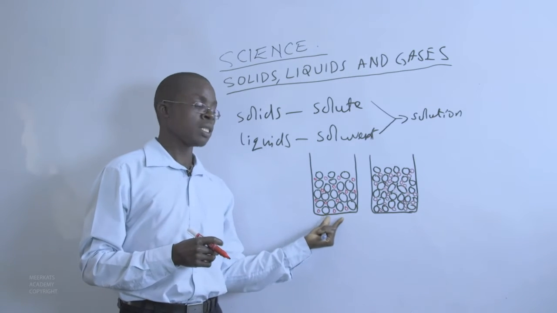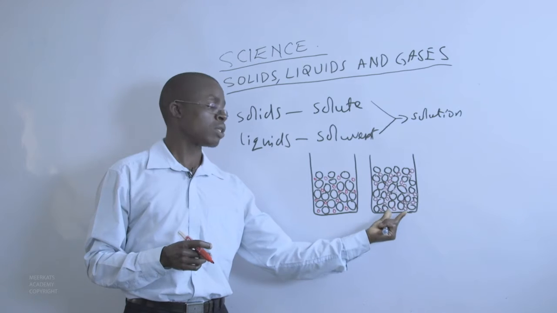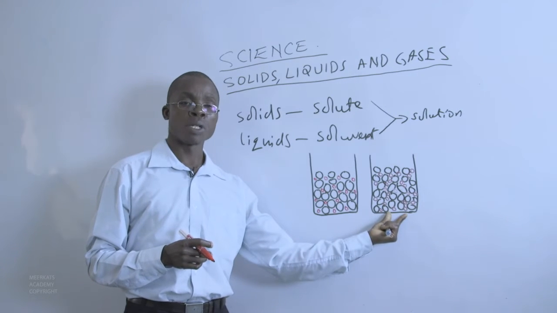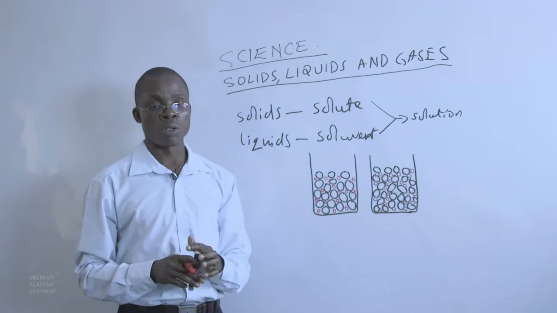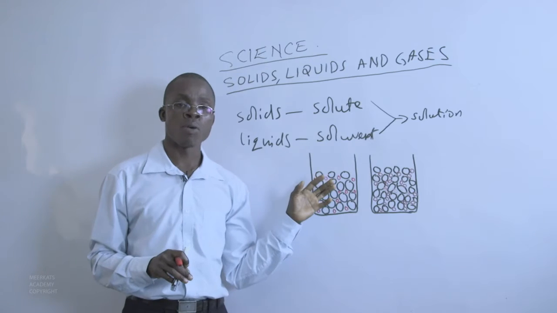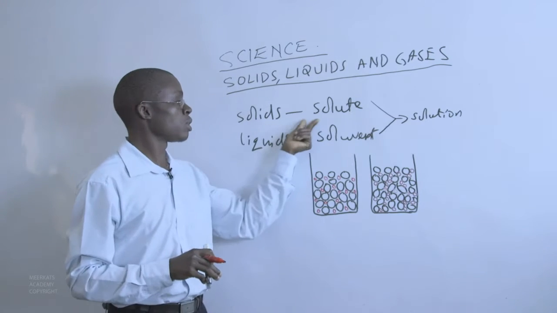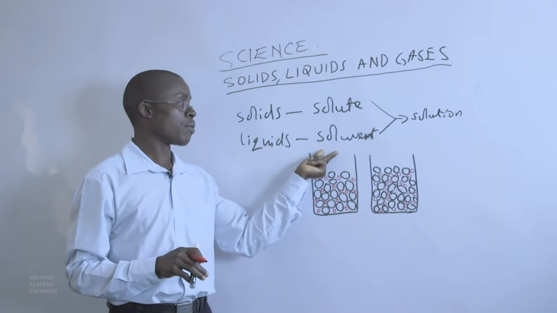Enter into the spaces, attach yourself into or on the surface of the solvent particles to form a solution. So this is how we form a solution from a solute and a solvent.